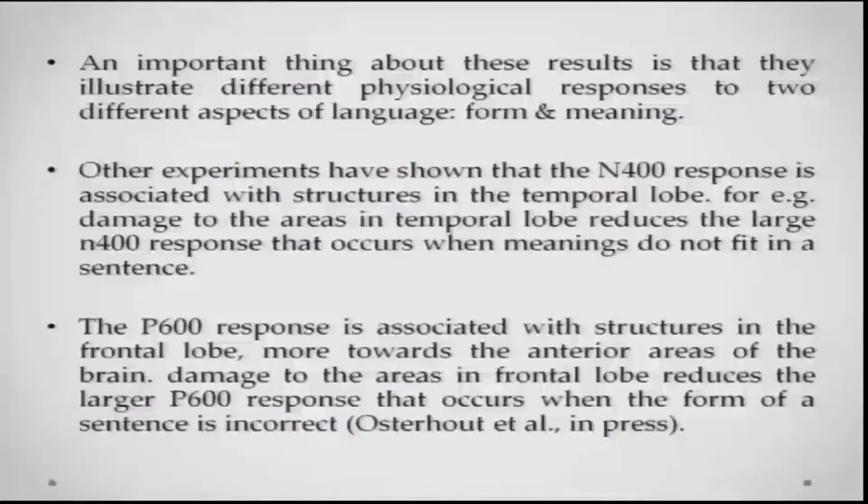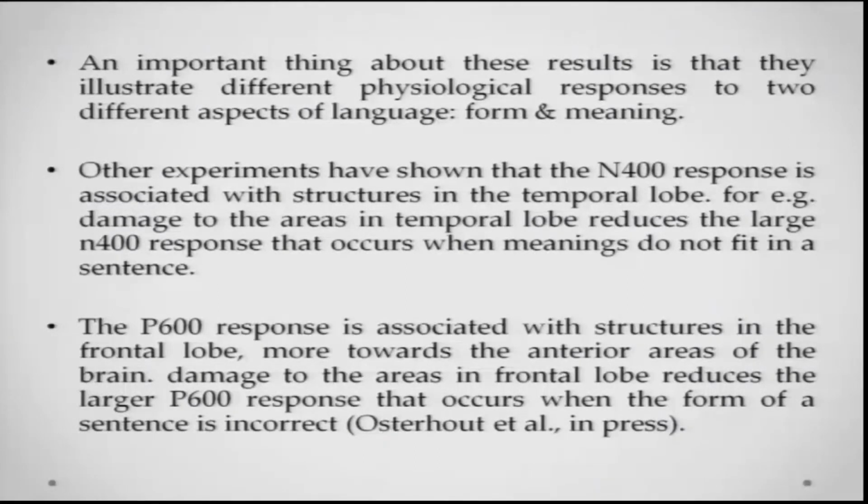This tells you a very important thing, that there are different physiological responses to understanding meaning and to understanding the form or grammatical correctness of any language that you are reading. It could very well be sentences in any language.